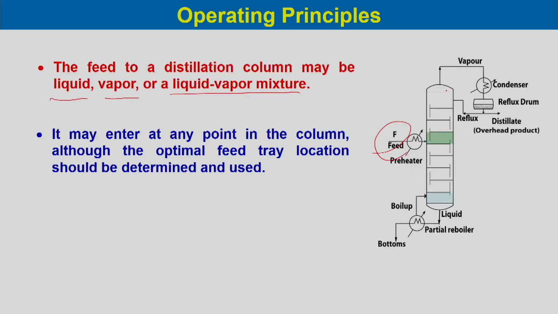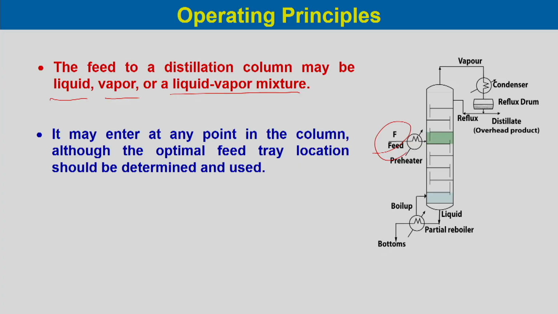So, you can feed at any tray from top to bottom, but for optimal operation you need to find out with a proper procedure what the feed tray location would be. That we will discuss in the later stage, in the remaining lectures.